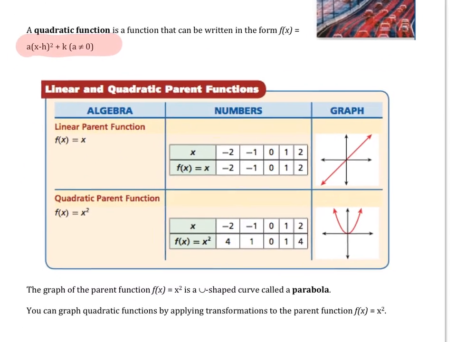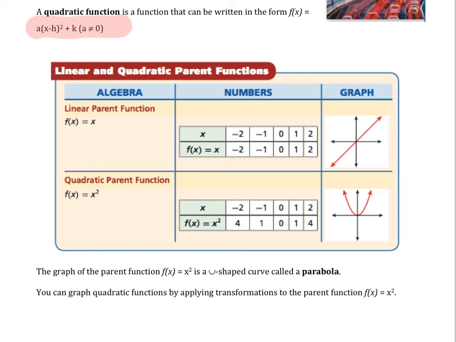We're going to look at parent functions. The linear parent function is where f of x equals x, or y equals x. It goes through the origin, a straight line. The quadratic parent function is f of x equals x squared, or y equals x squared.